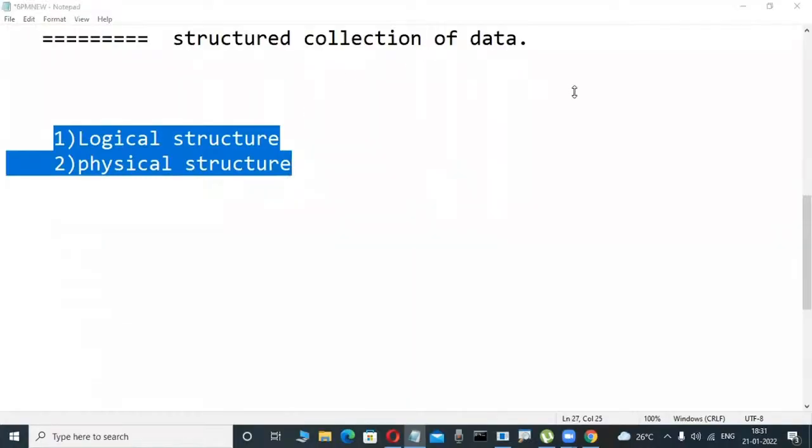What is physical structure? Some fellows are saying logical structure means logical structure, physical means physical. Don't tell like that.